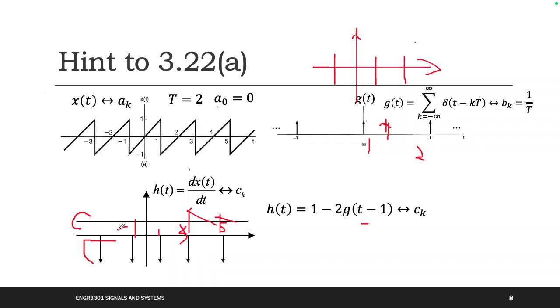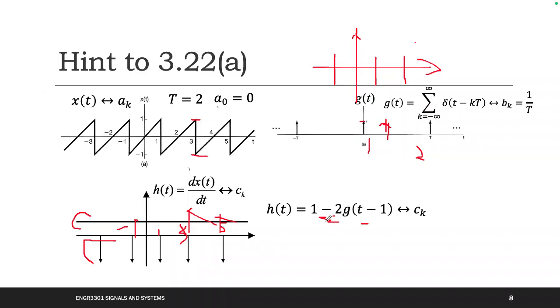Am I right? But here you can see it doesn't go up, it goes down. So which means you need to flip, am I right? So this is why here there is a negative. And 2, because here this is 1, am I right? But here this is 2, because from -1 to positive 1 is 2.